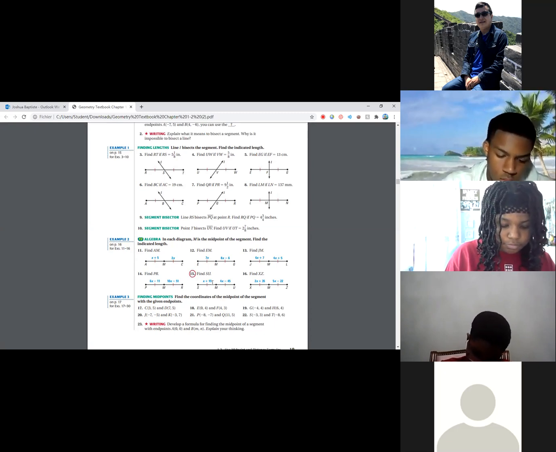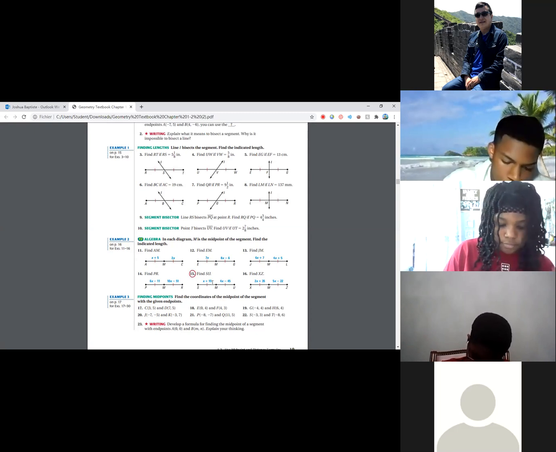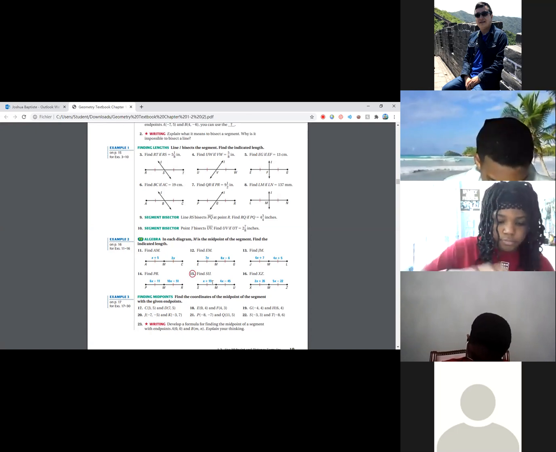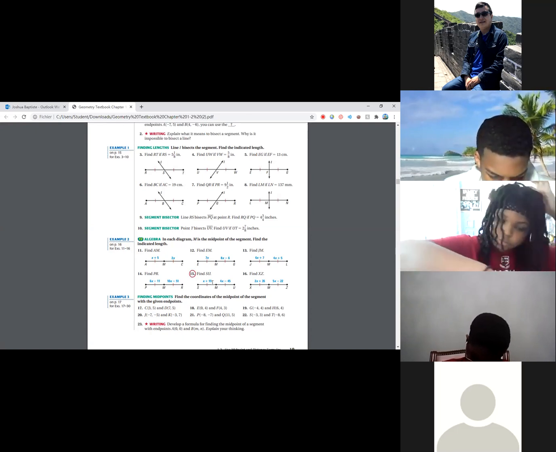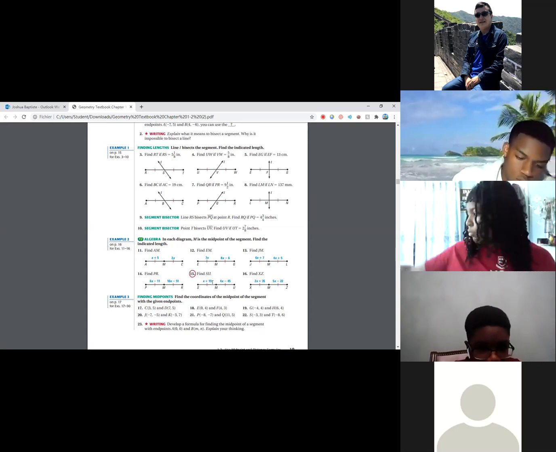And you could also tell they're equal because if you see on the line, they have a vertical line mark. There's a vertical line mark on SM and on MU, meaning that SM is equal to the length of MU. X equals 20.